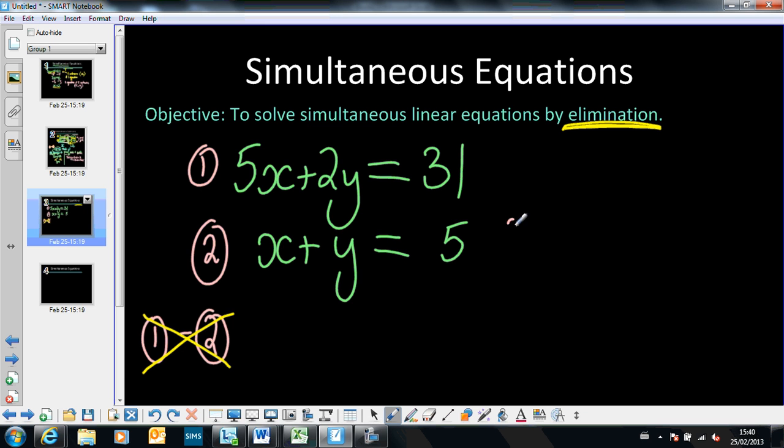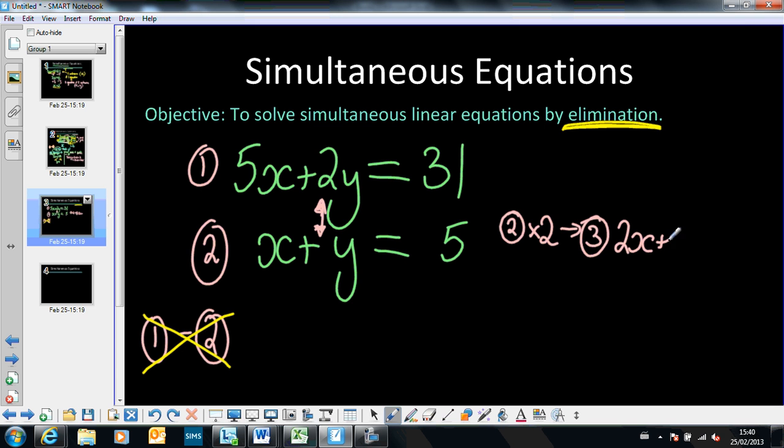I'm going to take equation 2, and because I want 2y in the top equation and 2y in the bottom so that I can eliminate them, I'm going to multiply the second equation by 2 to get this new equation, which I'm going to call, rather alarmingly, equation 3.